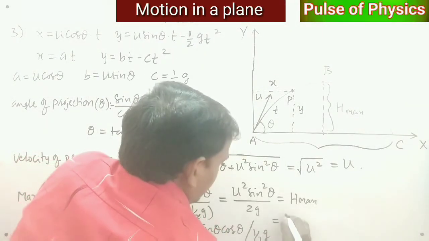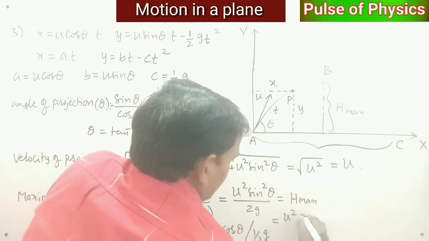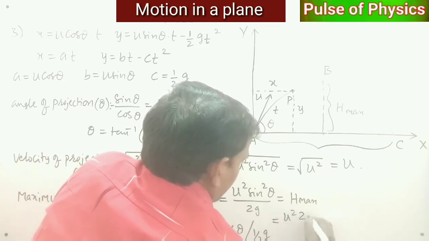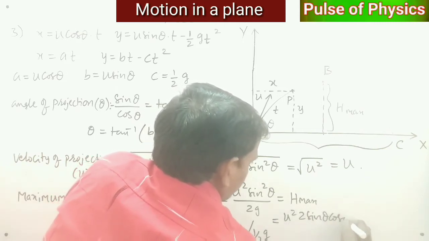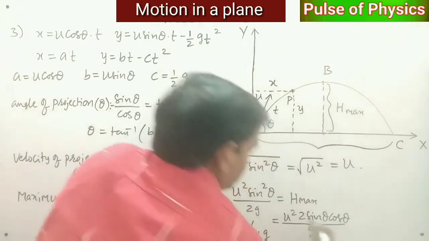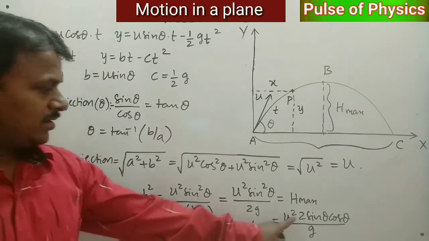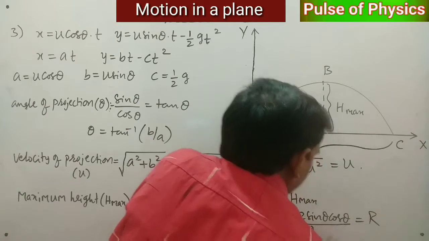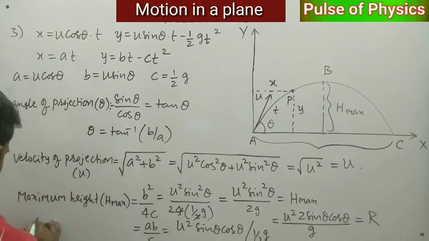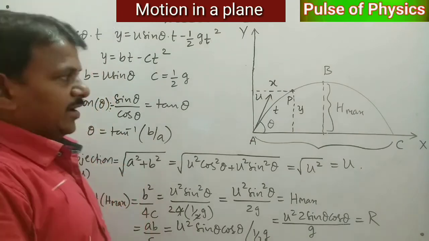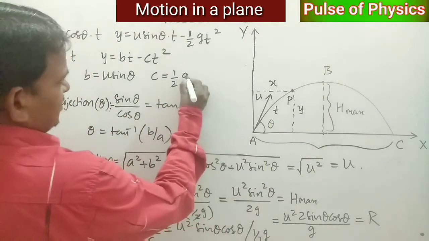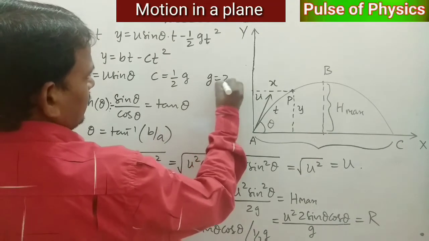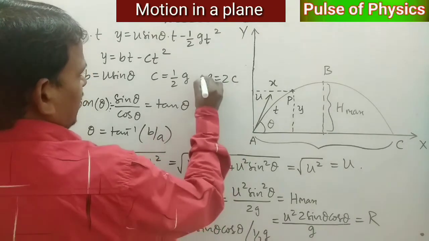This is nothing but u square into 2 sin theta cos theta by g. Now it gives u square sin 2 theta by g, which is the range. So range r is equal to ab by c. Here acceleration g is equal to 2c. It is one more relation.